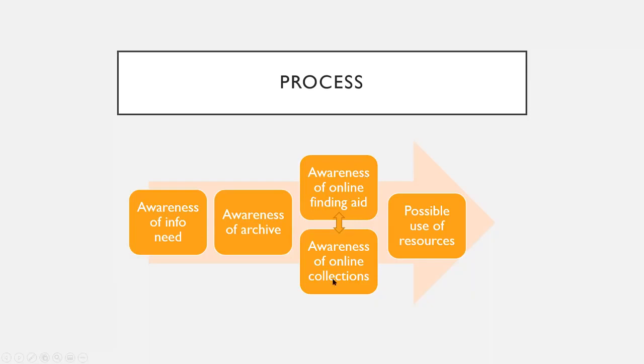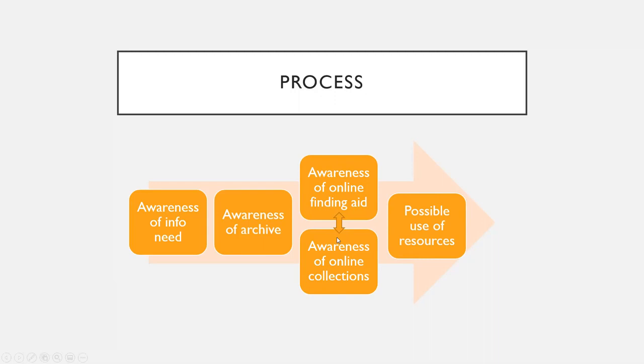It may be that they can go to online collections and find exactly what they're looking for and possibly use the resources that they locate. It may be that they only access the online finding aid and discover resources that they might possibly use. It might be that they discover and use both.